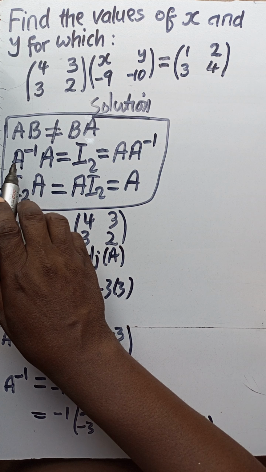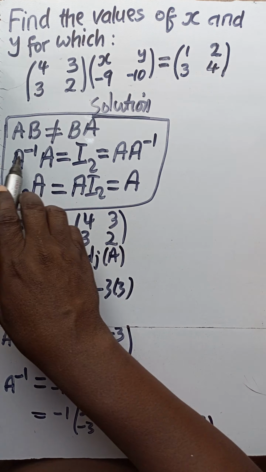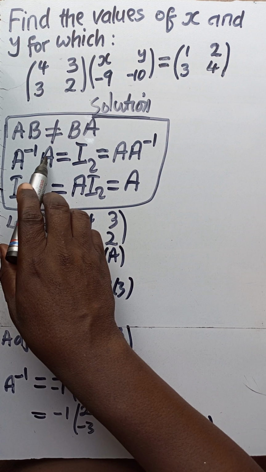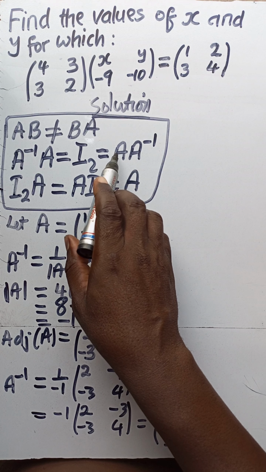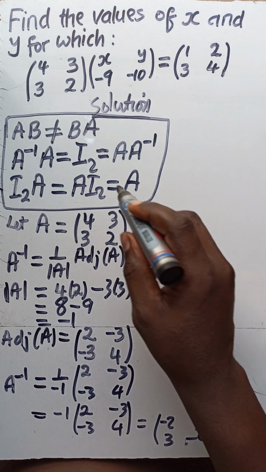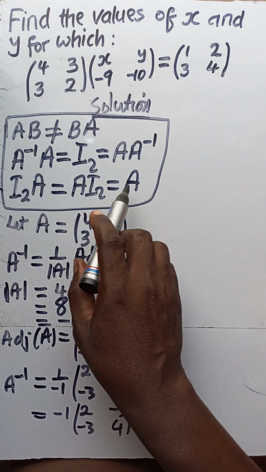We now have to use this second notion. The inverse pre-multiplying a matrix will give us the same result as when the inverse post-multiplies that same matrix. We'll get the identity matrix. And we also know that the identity matrix multiplied by any matrix will give us the same matrix.